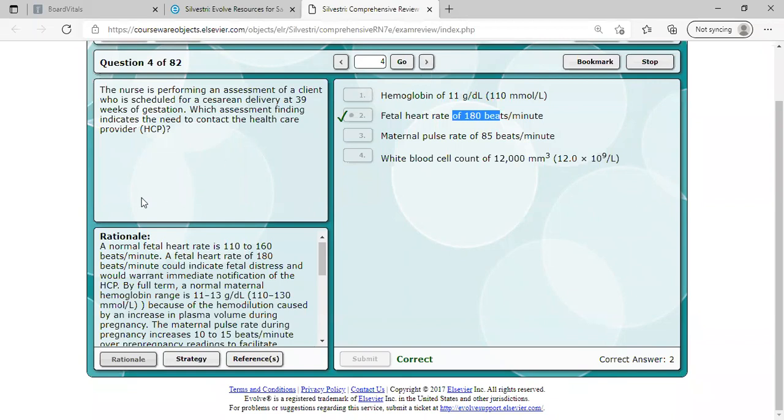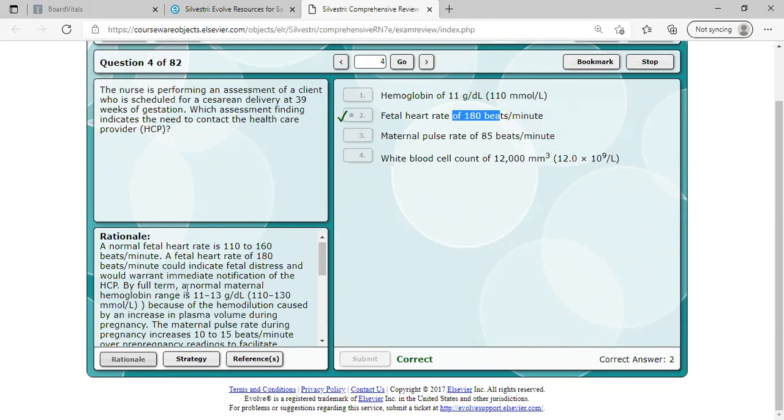So what is the rationale? They said a normal fetal heart rate is 110 to 160 beats per minute. A fetal heart rate of 180 beats per minute could indicate fetal distress and would warrant immediate notification of the healthcare provider.